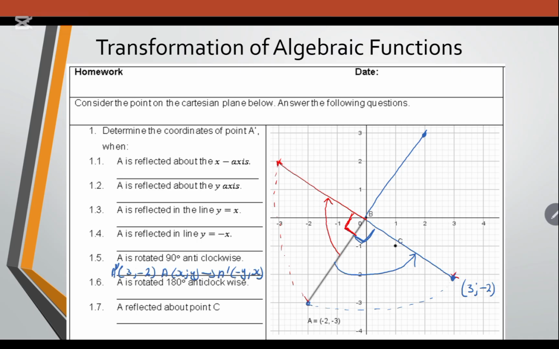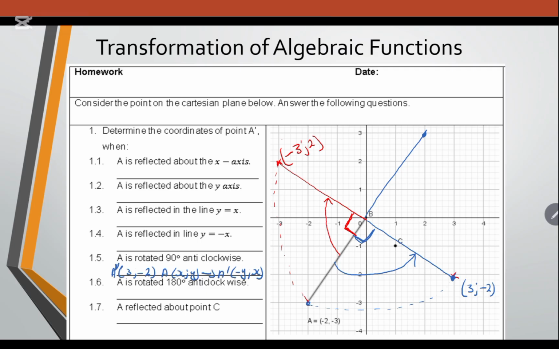So the coordinate of this point will therefore be -3 and 2. Now please check the coordinates carefully. It was -2 and -3. They swapped the coordinates and therefore only the value of y changed the sign. So if you are rotating 90 degrees clockwise, they swap the positions, but only y changes the sign.